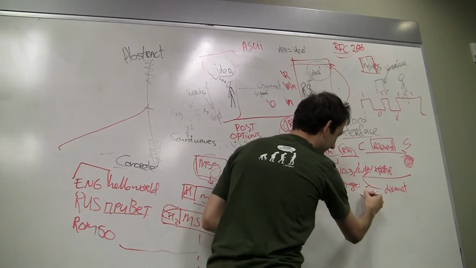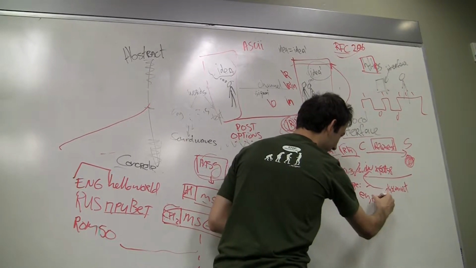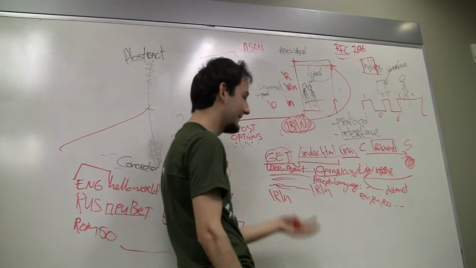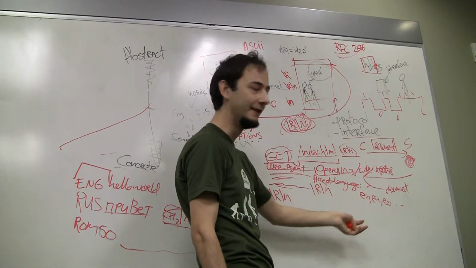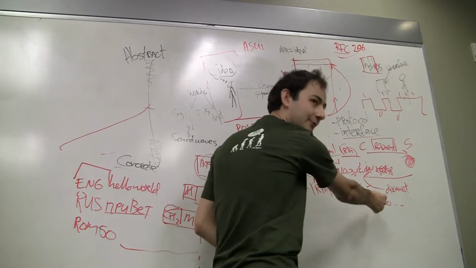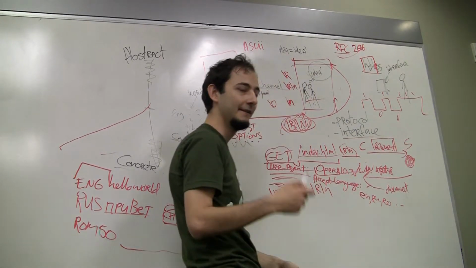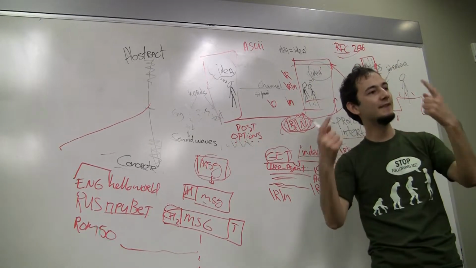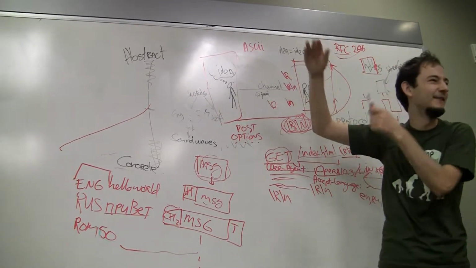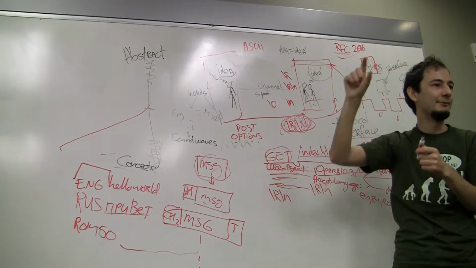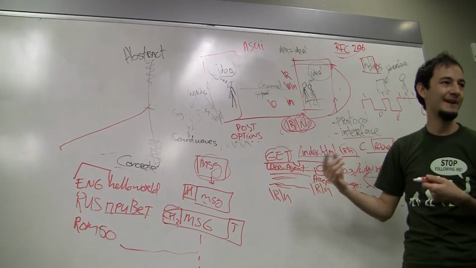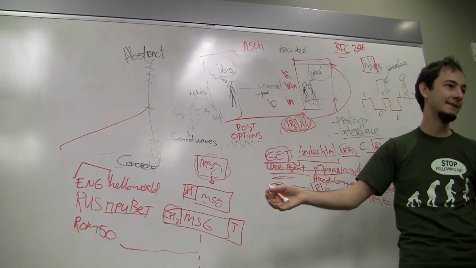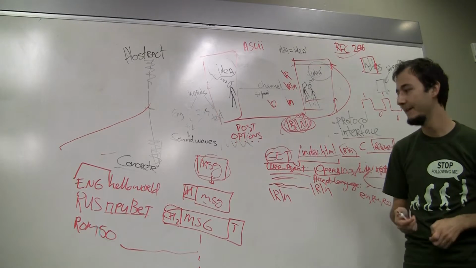For example, in my case, I usually do this: English, Russian, Romanian, and then everything else. So if the site has an English version, it gives me an English version. If it doesn't have this one, but it has a Russian one, it gives me the Russian one. The cool part about this is that it can automate certain processes. So I don't have to open the site and then look for a flag or a language marker. It all can happen automatically. That's the beauty of the protocol. It lets you do many, many things which help people get things done faster.